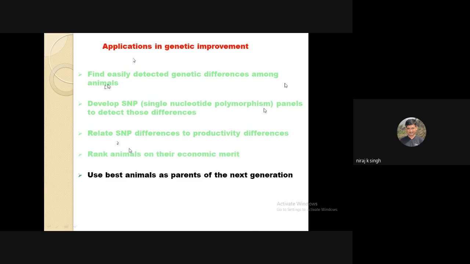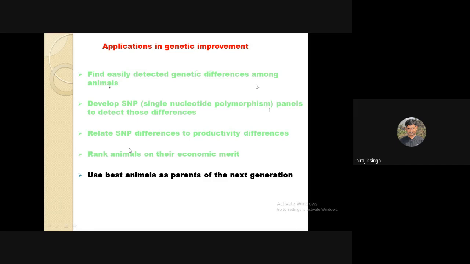So only genetic material of high genetic merit animals can be passed from one generation to the next generation. So these are the ways by which we can implement biotechnology for genetic improvement.